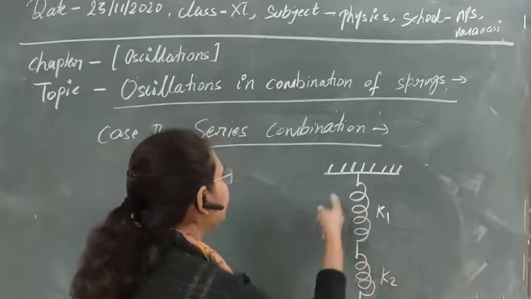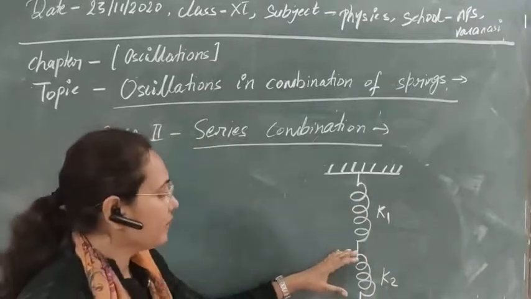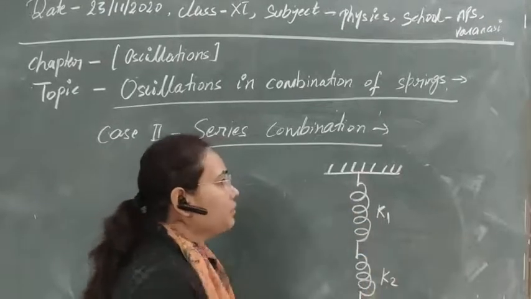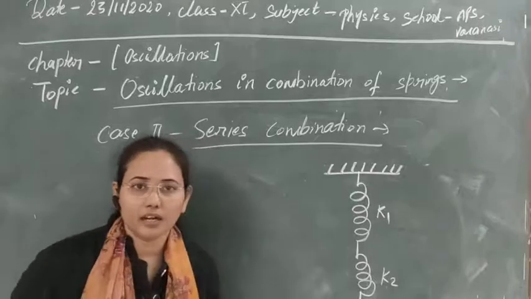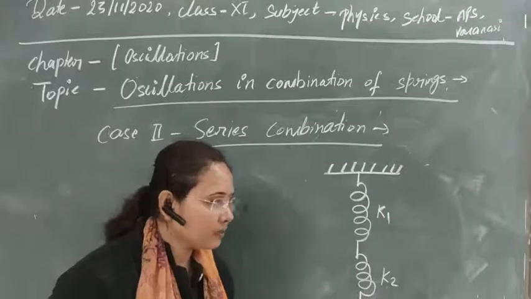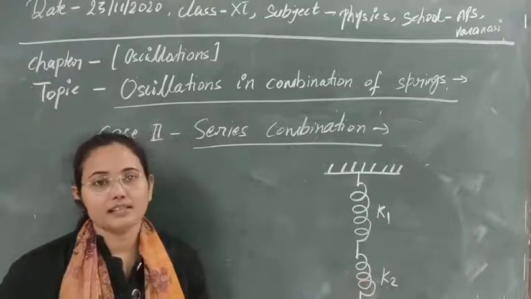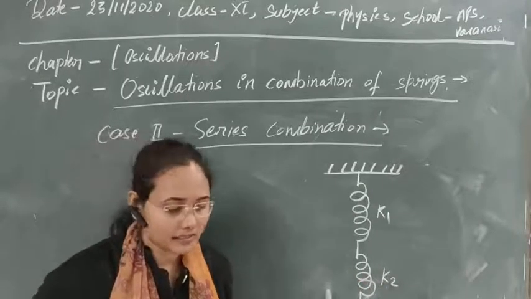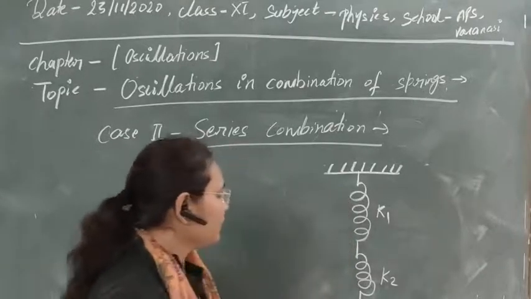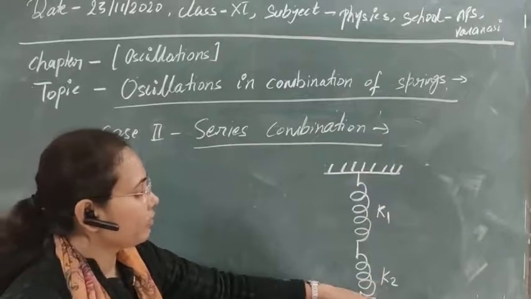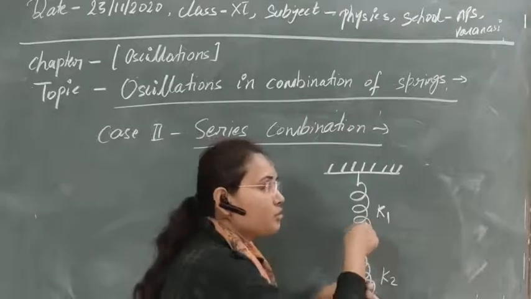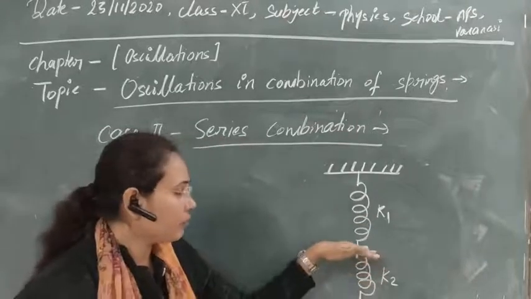So that's why we can say they are in series combination. If we are allowed to displace it by adding some mass, then what will be the case of oscillation, and what will be the time period? Let's see that. Suppose we are not attaching any mass, only joining these two springs end to end.